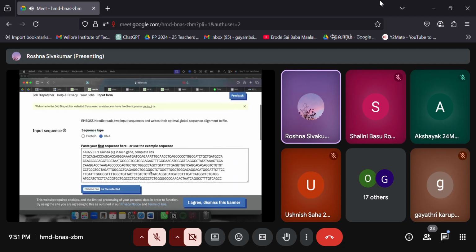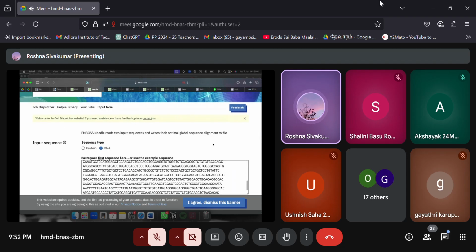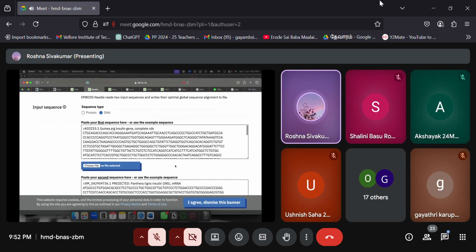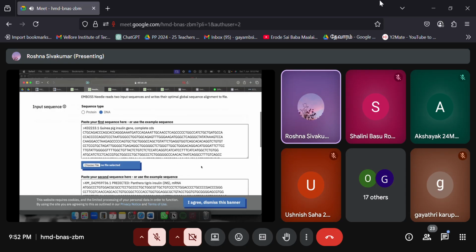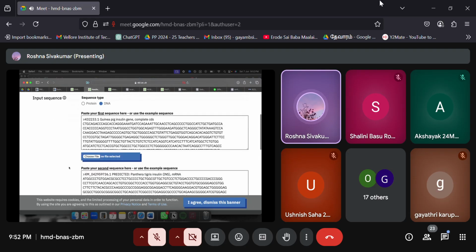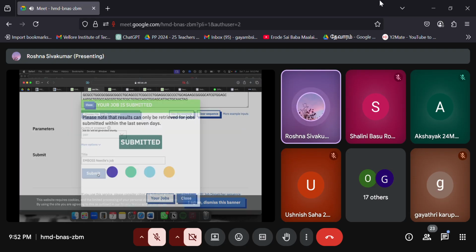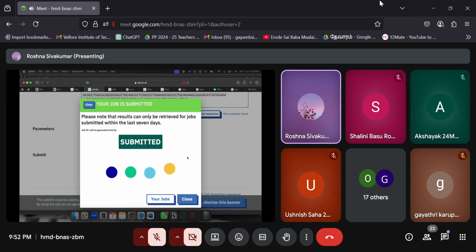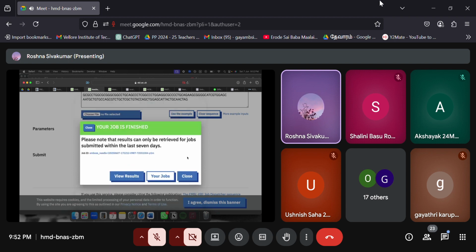Whatever tool you're using, the best advice is do not fiddle with the parameters unless you have a reason to. So the input sequence is DNA. Now we're going to submit. This is local alignment, so let's wait.